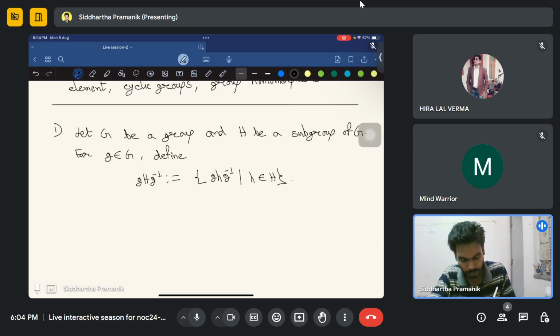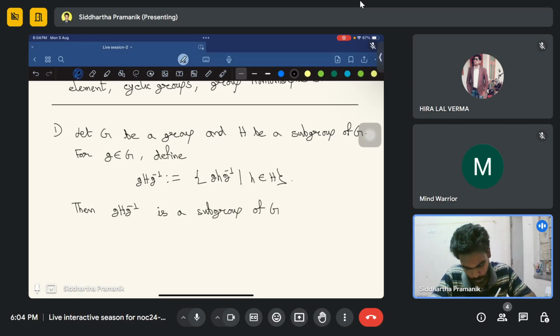Then this will also form a subgroup. So gHg inverse is a subgroup of G, and we need to prove this.